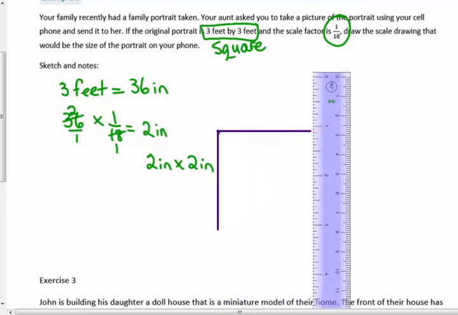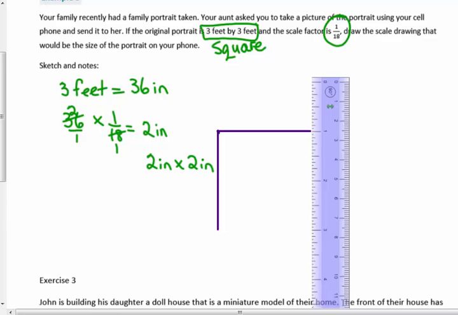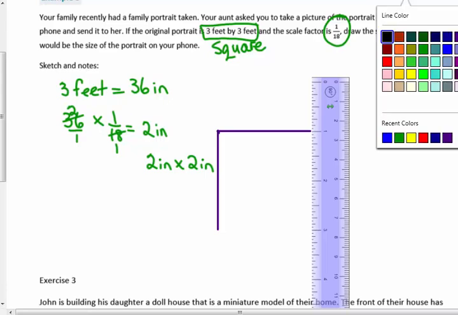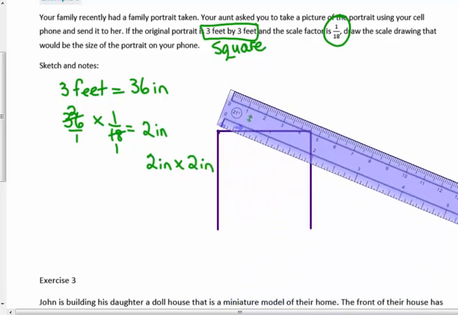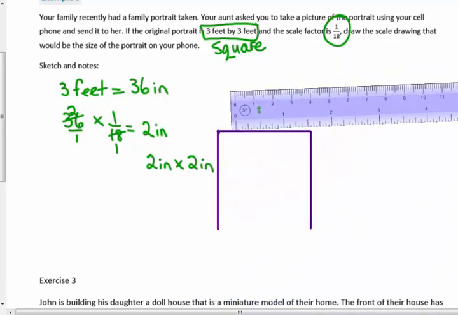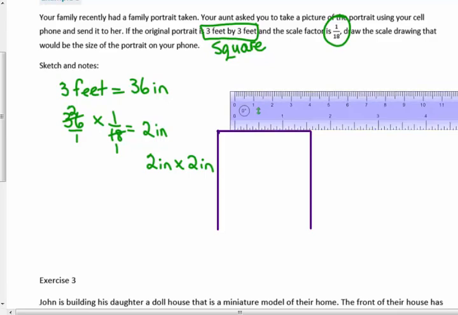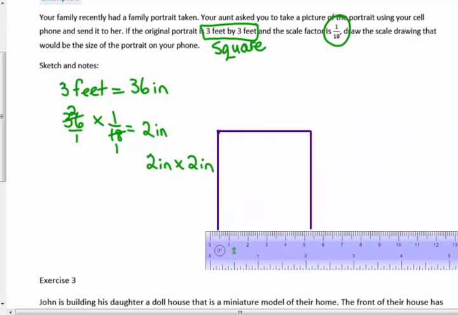I'm going to create that same line over here at 90 degrees. Try to make it 90 degrees so it does come out to be a square. We know squares have 4 90-degree angles. Put it back to 0 here. There we go.